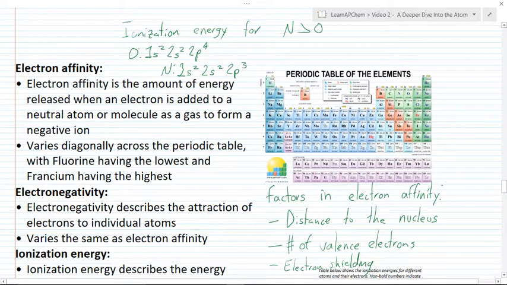However, when I take away an electron from oxygen, I'm removing the 2p4 electron, which makes it more stable. Therefore, it's easier to remove an electron from the oxygen atom because it creates stability, whereas removing an electron from nitrogen makes it less stable.